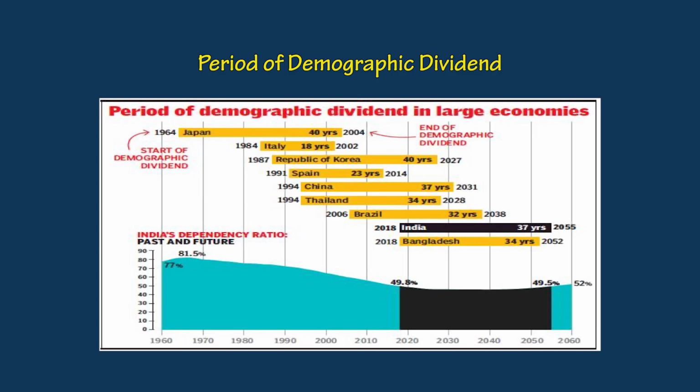If you see the graph below, around 2020, see the black marked portion, not the blue portion, you can observe that India is going to get the benefit of demographic dividend through a higher number of people in the working age group.